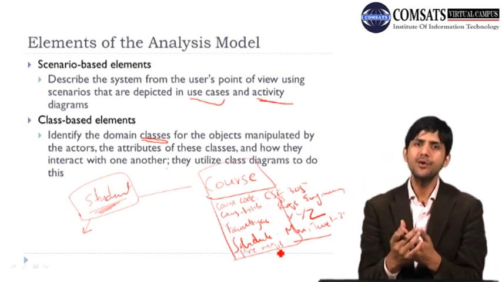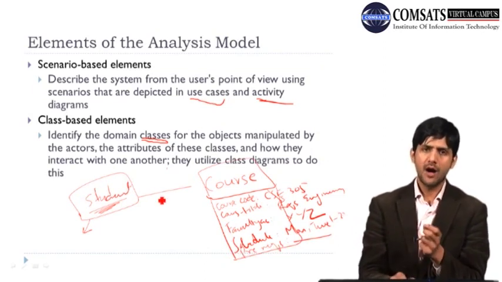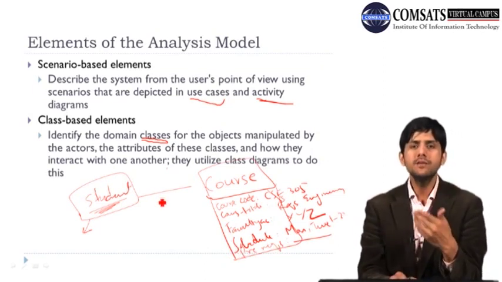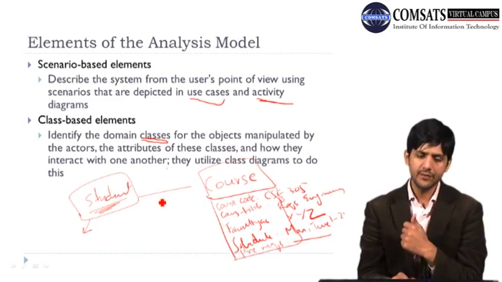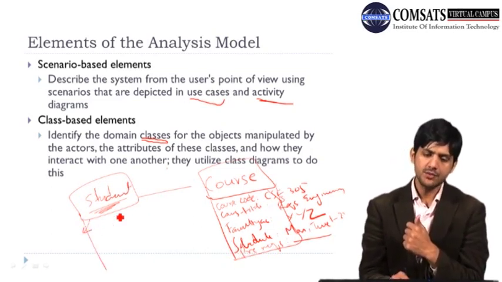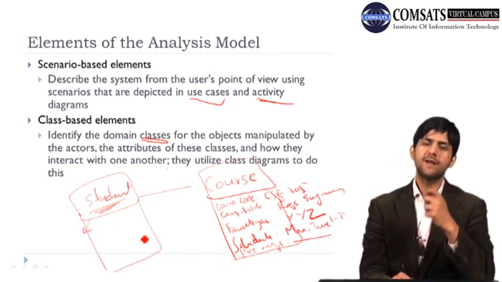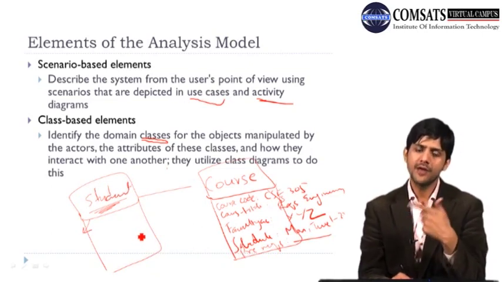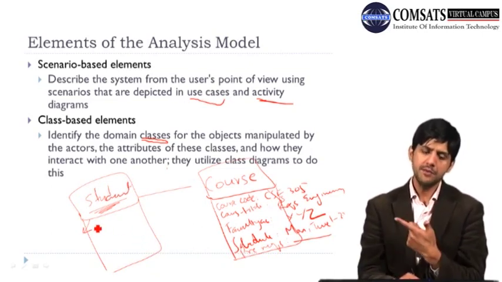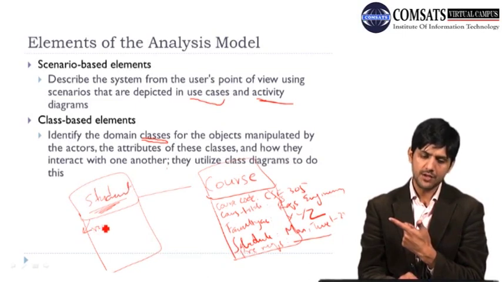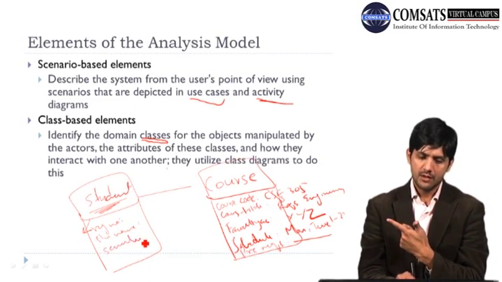But then what we would want to do is know how these different objects or classes interact with each other. We might say that student is also a domain class, also an entity in our system. What are the attributes of the student? Maybe student registration number, student name, semester of the student, and the course being taken.